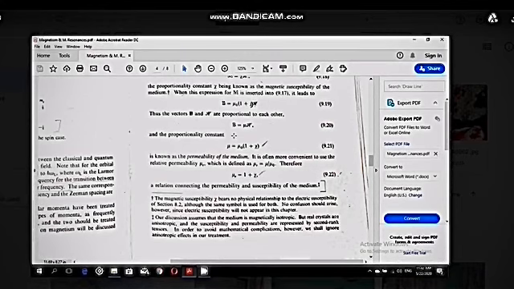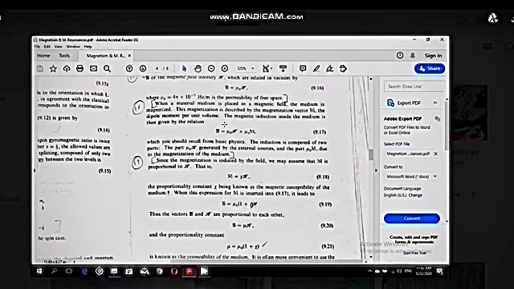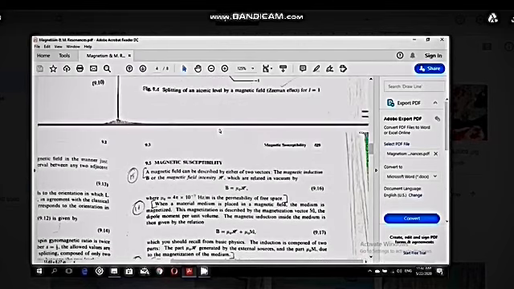But let me introduce the other magnetic parameters here, which are very important. For example, we have magnetic susceptibility.